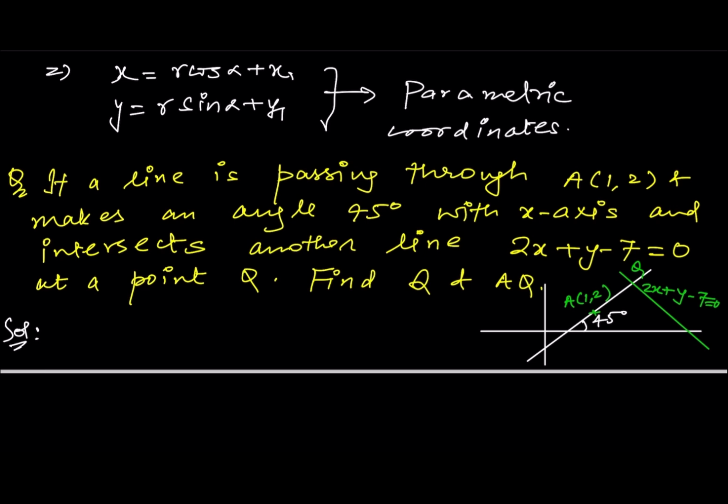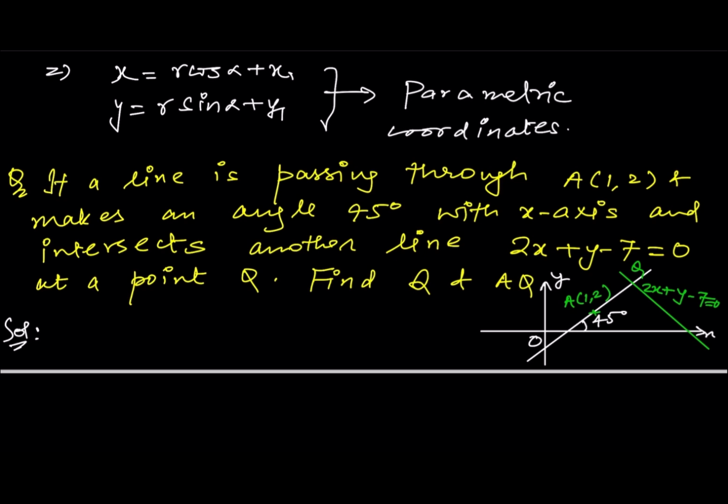So when you see intersection, you always think of solving two lines. Now, if you want the intersection, you need the equation of AQ first, right? If we recall the first or second form, then you need a slope and a point.